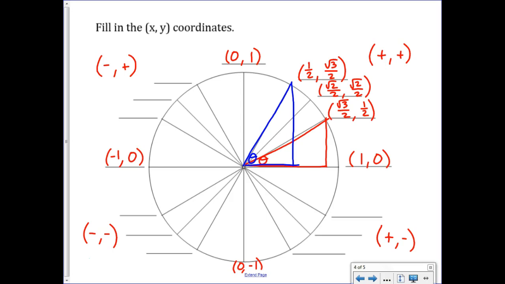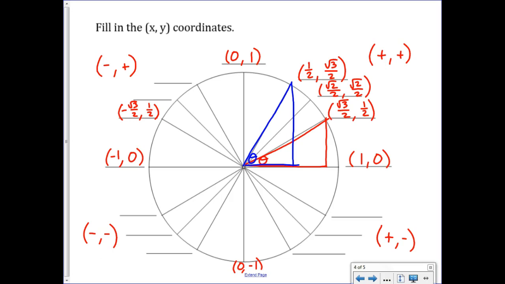So if you look at this 30 degree, if we reflect that over, it belongs right here. So we've gone left a distance of radical 3 over 2. That's a negative radical 3 over 2. And then we're still up 1 over 2.